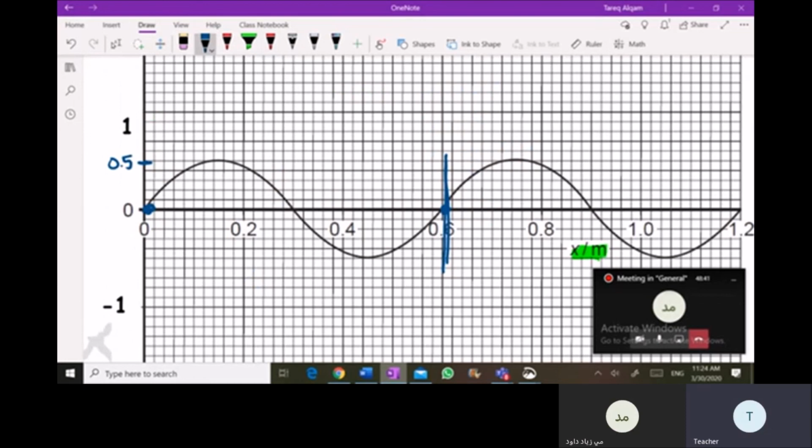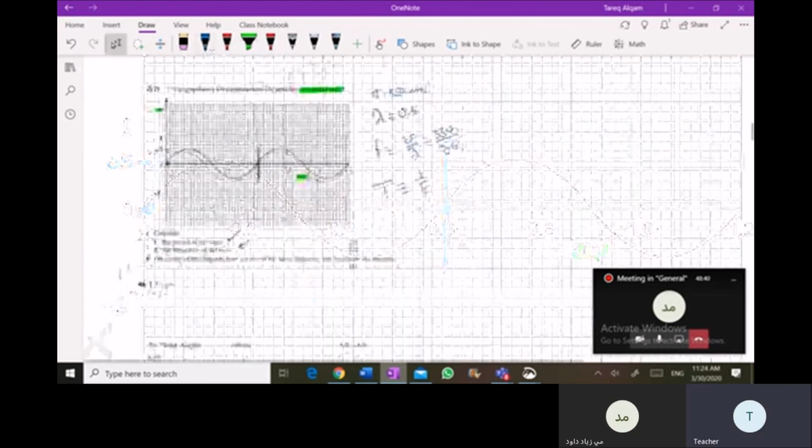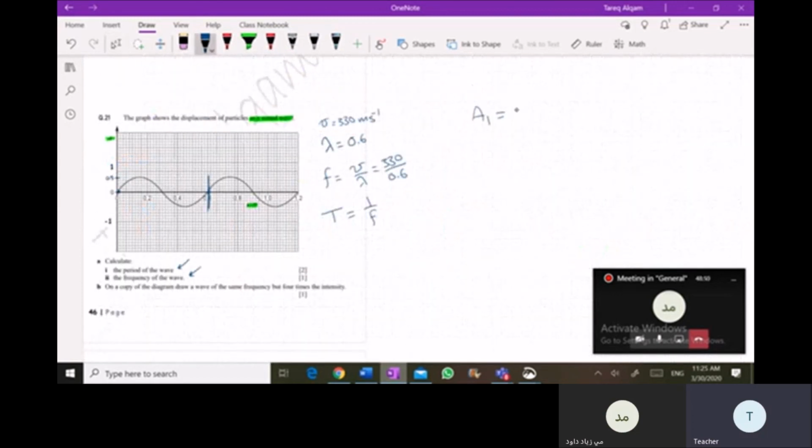So the amplitude here, A1, let's say, is 0.5 centimeters. I will use this relation: I2 over I1 equals A2 over A1 squared. This is the relation between intensity and amplitude.